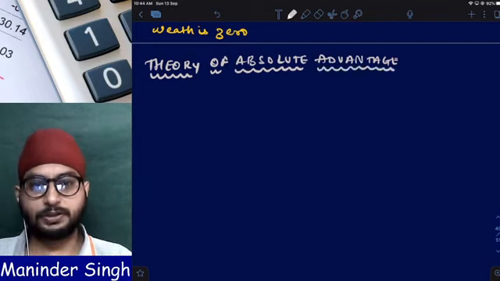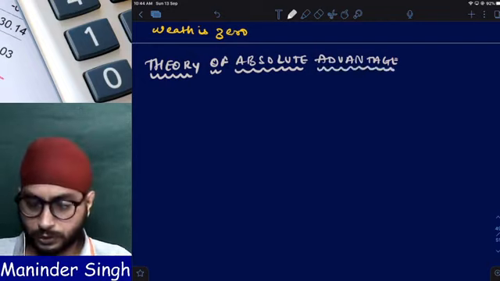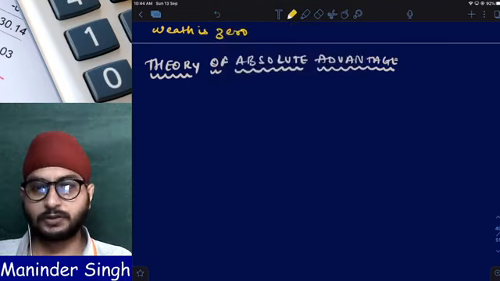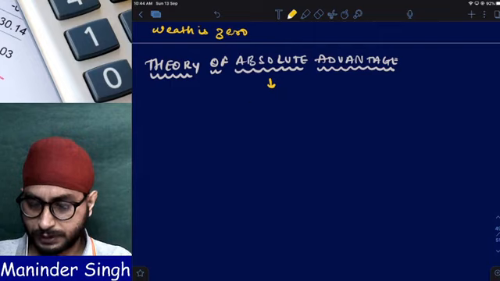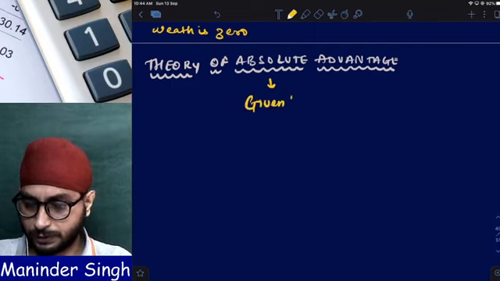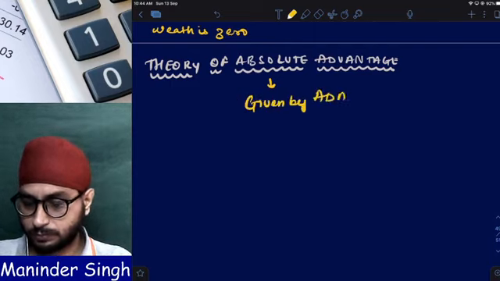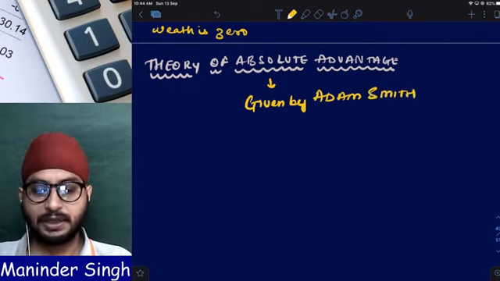Theory of absolute advantage. Now, who gave this theory? Simple, Adam Smith. This theory was given by Adam Smith.